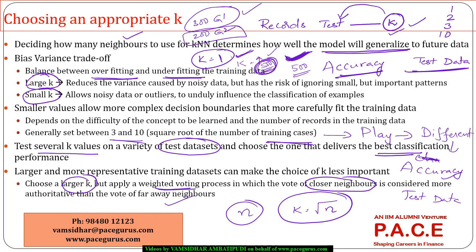So rather than one vote for each neighbor, I can give weighted votes for each of the neighbors. The closest neighbors will carry more weight. The further away neighbors will carry the least weight. So that's one more important aspect of building the KNN algorithm.